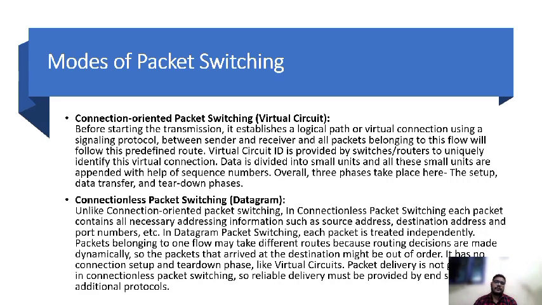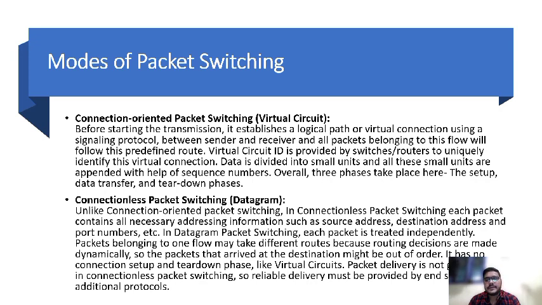So in a virtual circuit, a virtual connection is set up, and this connection is used for the transfer of packets. Next, a virtual circuit ID is provided by switches or routers to uniquely identify this virtual connection. Data is divided into small units, and all these units are appended with the help of a sequence number.